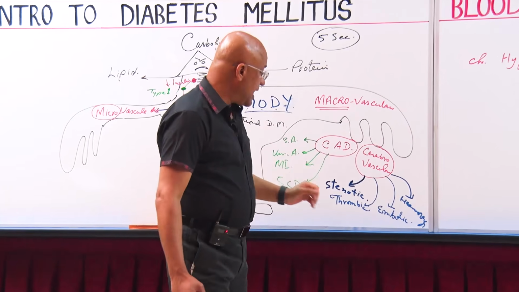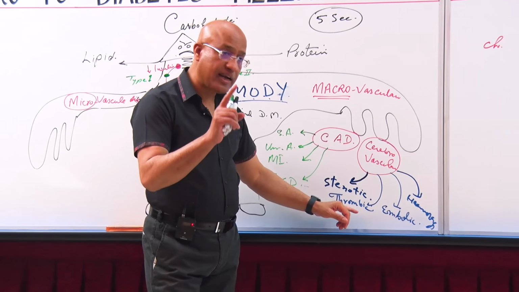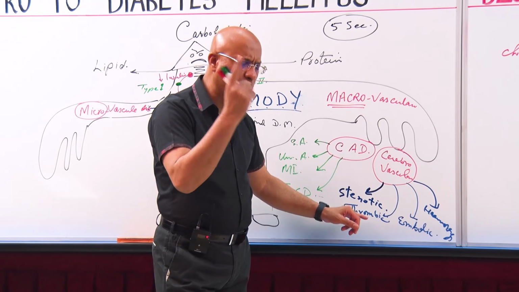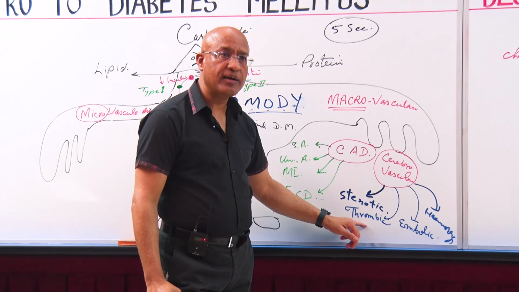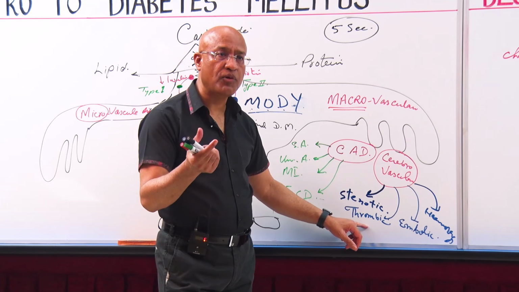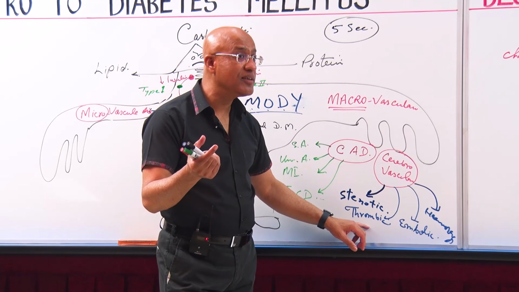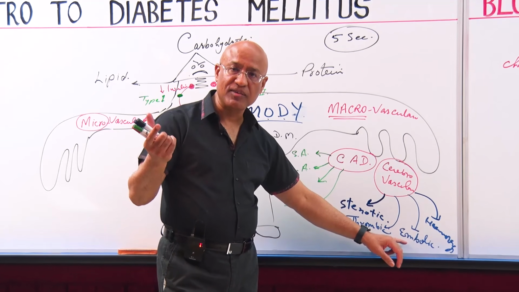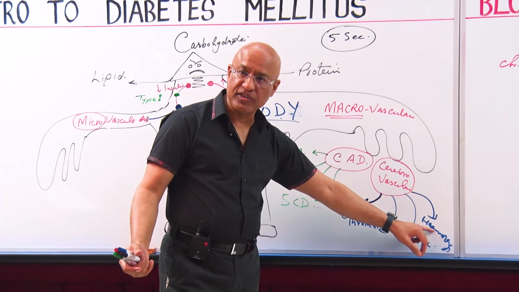And at the top of that atheroma, if platelets and fibrin and thrombus form, we say it is thrombotic. And if that atheroma ruptures, then hemorrhagic.